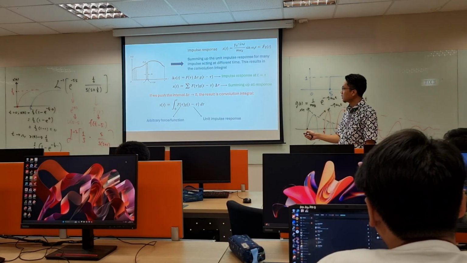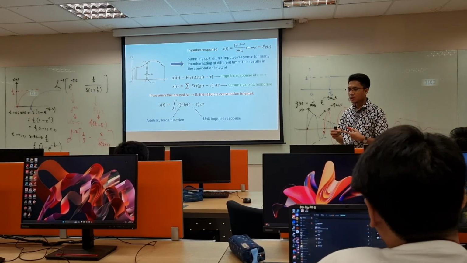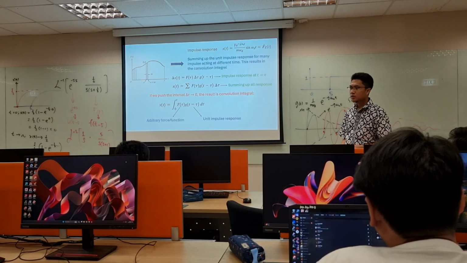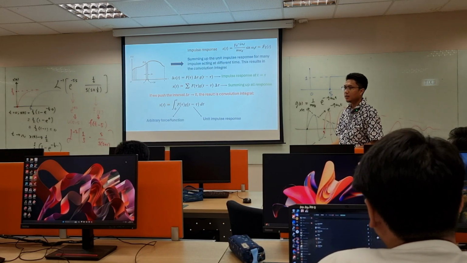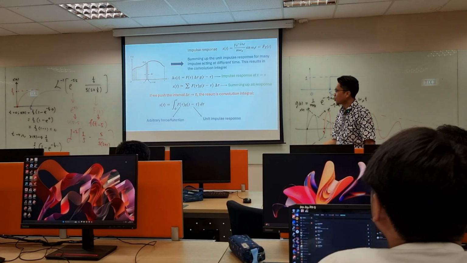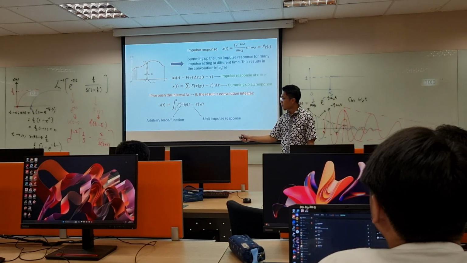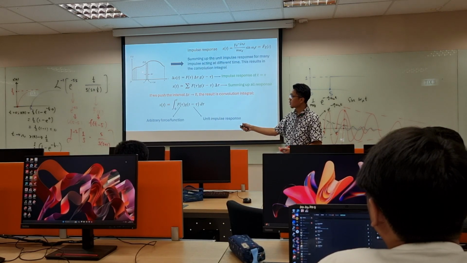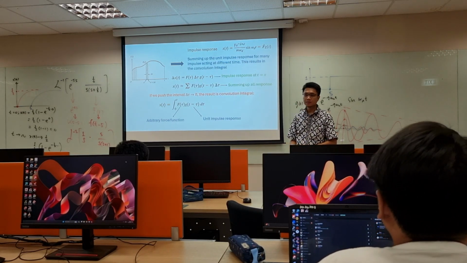However, as we push the interval close to 0, that is not discrete anymore. It becomes continuous. When it becomes continuous, then we have to do the integral in there, and there comes the convolution integral. So what we can say in here is that the response of the mass displacement is the convolution integral between the arbitrary function that you have and the unit impulse response.